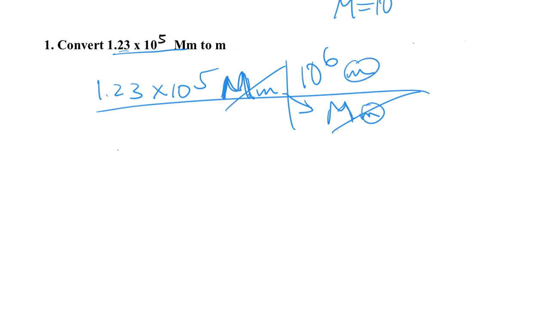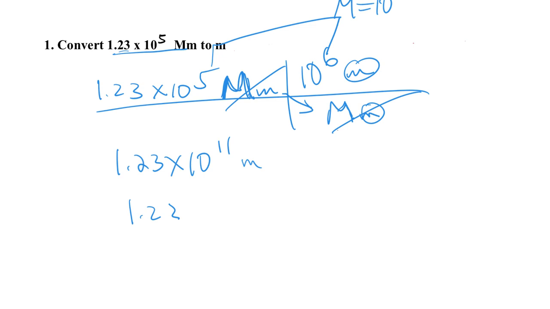So my answer would be 1.23 times 10 to the, you could use the power rule, just add the exponents when multiplying two powers of 10. Or you can just work it out: 1.23 times 10 caret 5 times 10 caret 6. And you'll get exactly the same answer.